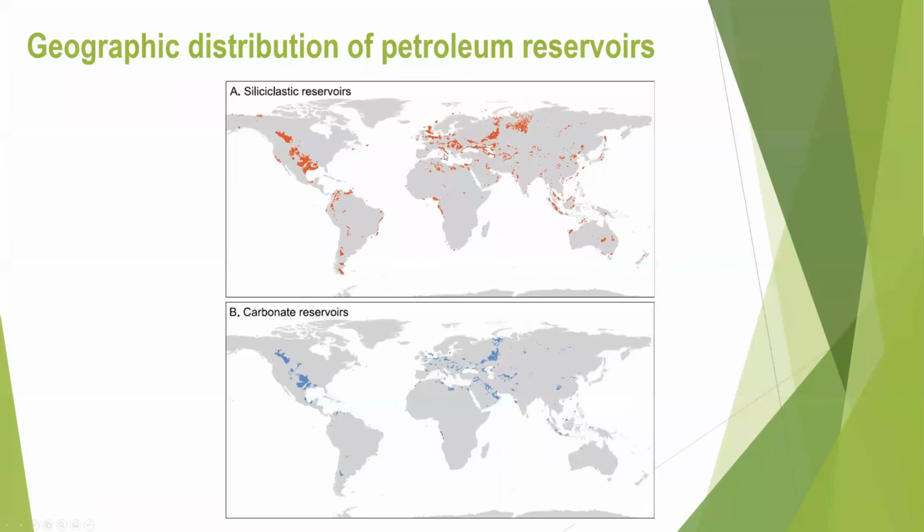Look at this part, for example. Here we have huge siliciclastic reservoirs, especially in the Middle East. But you can see we also have carbonate reservoirs in the Middle East, and in North America we have siliciclastic and also carbonate. So it is very important for us to learn how to describe them and how to interpret the diagenetic systems that affect those types of rocks.